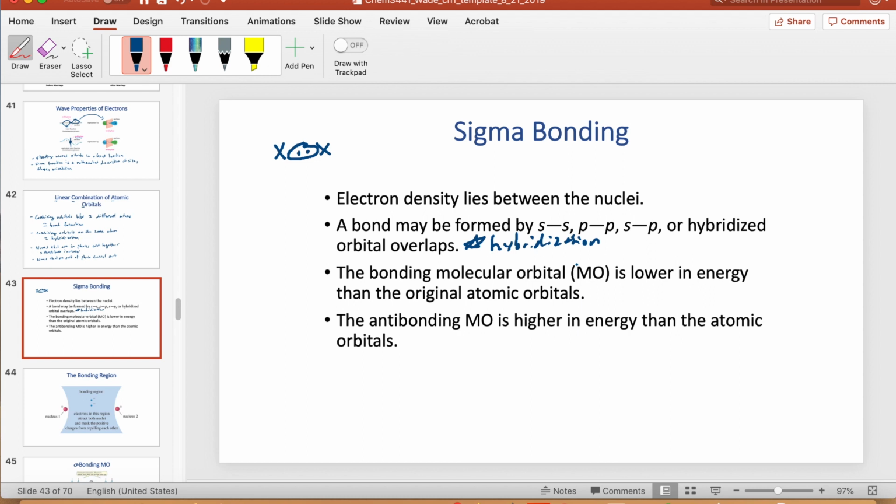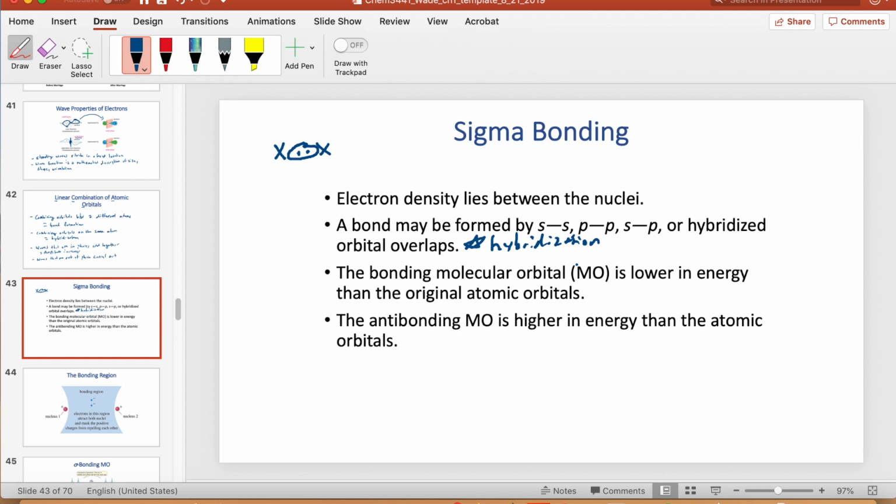One of the hallmarks behind this is, well, why does it happen at all? It turns out that when the individual atomic orbitals come together to form a bond, we're getting a lower energy level, because the molecular orbital, which would be our bonding orbital, is lower in energy than the individual ones.